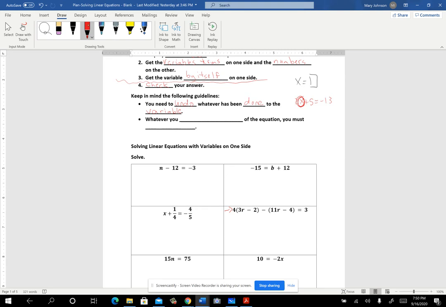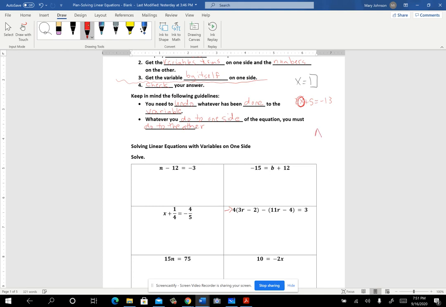Then the other major guideline is that whatever you do to one side of the equation, you must do to the other. Okay, so whatever you do to one side, you must do to the other side of the equation. All right, and that has to do with the fact that we need to keep this thing balanced.